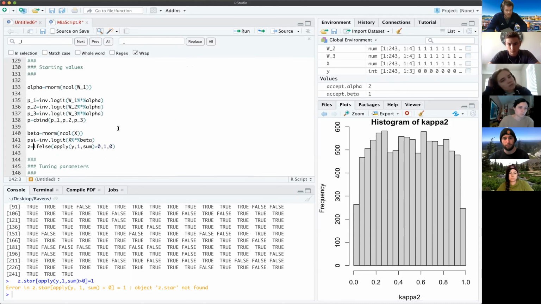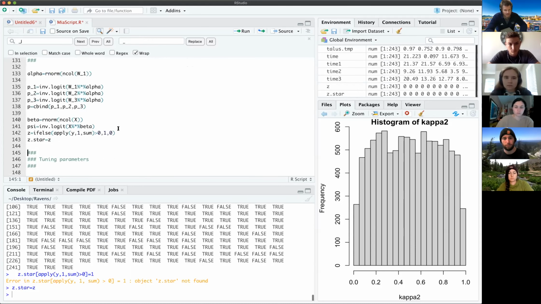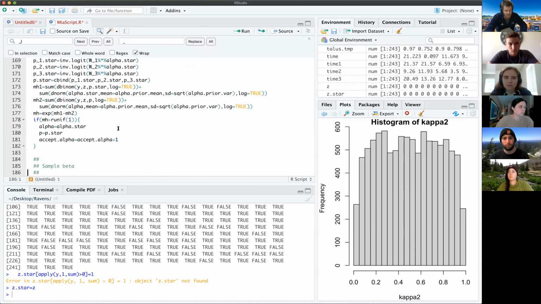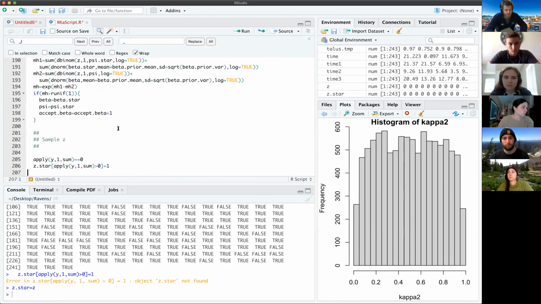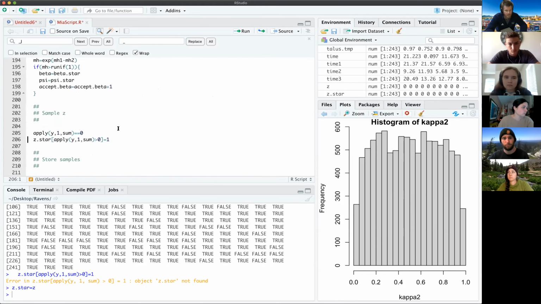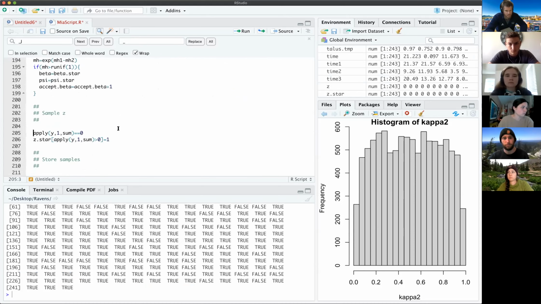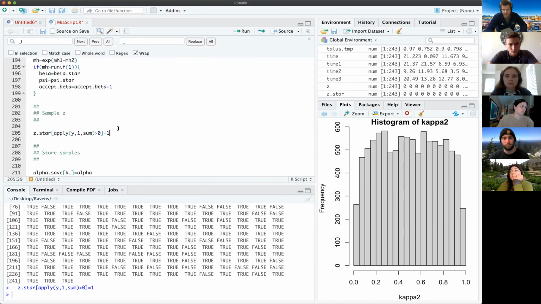I need a starting value for z dot star because of the way we're filling it in. And there's a number of ways to do this. I'll do it the long way first, then I'll shorten it up. So here we're filling in the known values, but now we have to sample the unknown values.